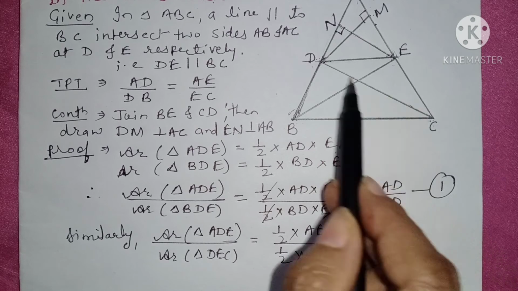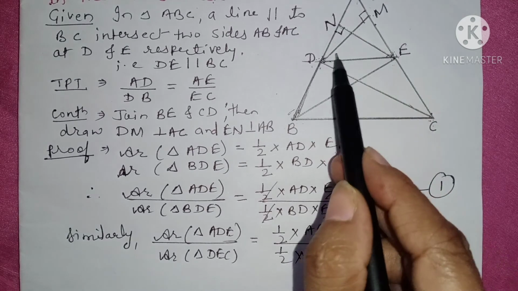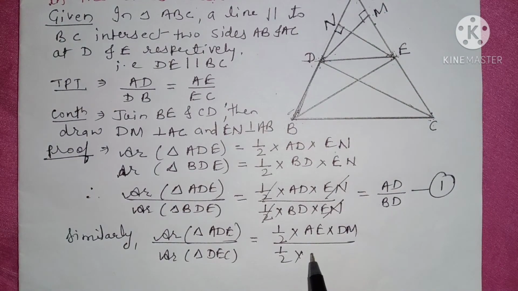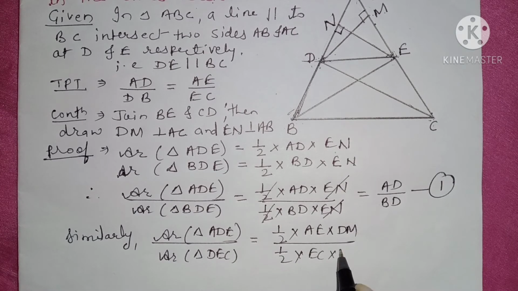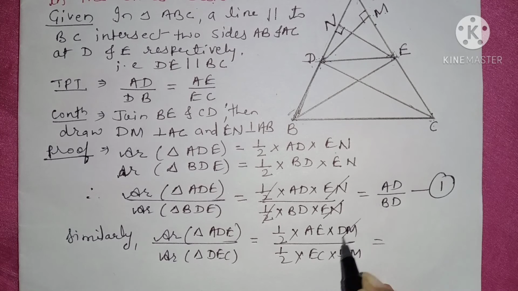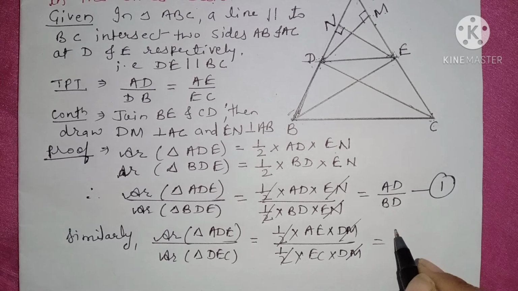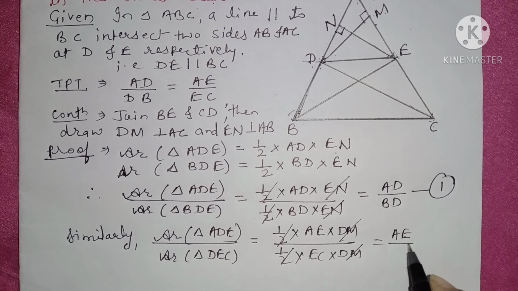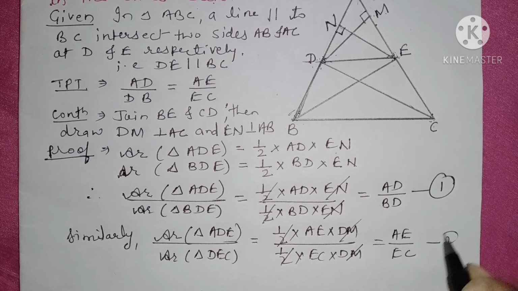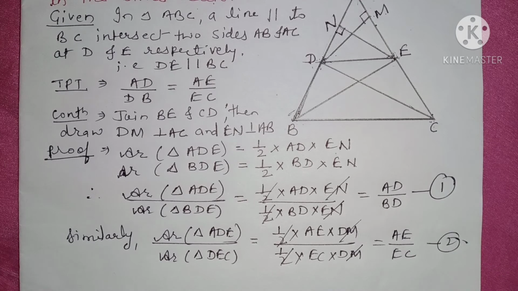This is DEC. Base is EC, but height is DM only. Again DM gets cancelled, half gets cancelled, and we have AE upon EC. This is number 2. Can I compare 1 and 2?